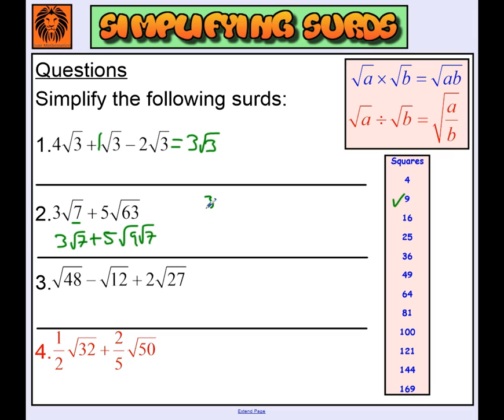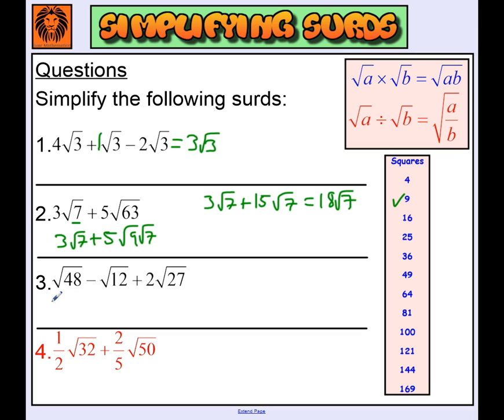We can now simplify this to 3 lots of root 7 plus 15 lots of root 7, as 5 times root 9 is going to be 15. So just like question 1, we now need to add 3 and 15 up, so the answer for this is 18 root 7.